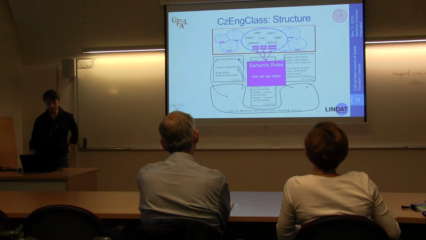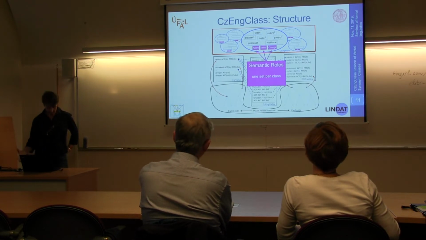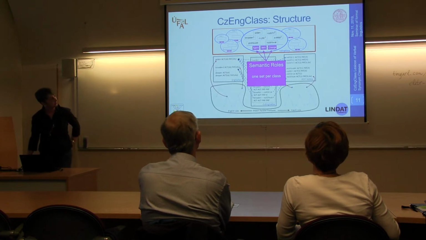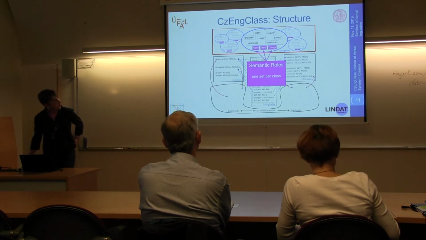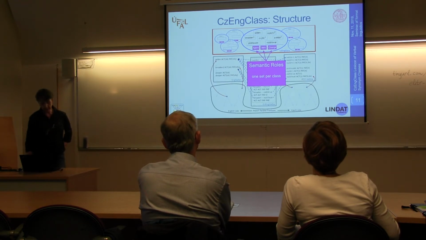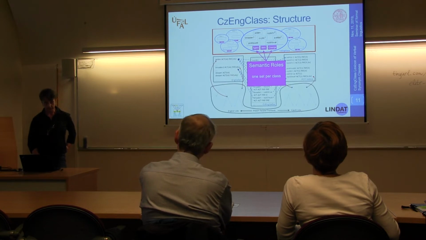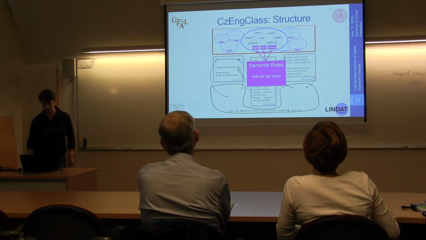Then in the middle, it's one synonym class, and it contains verbs like widen, broaden, and on the Czech side, rozšířit, zvětšit, rozšiřovat. And in the violet boxes are the semantic roles assigned to this class. We call this the role set, as I have mentioned already. And per each class, we have a specific role set. So here it's agent, item, and change.